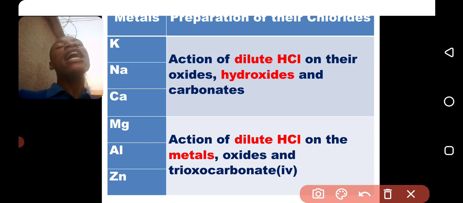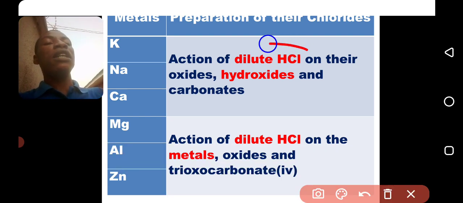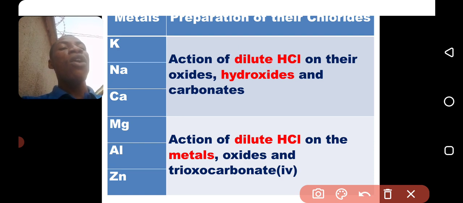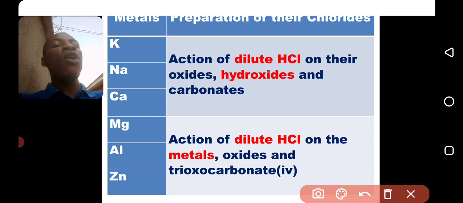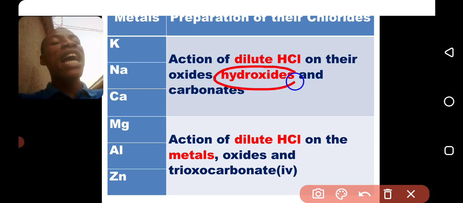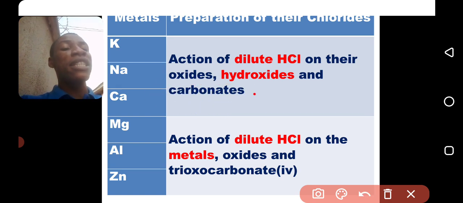For potassium, sodium and calcium, you can prepare their chlorides by reacting the metal with dilute HCl, or reacting their oxide with dilute HCl, or their hydroxide with dilute HCl, or their carbonates with dilute HCl.